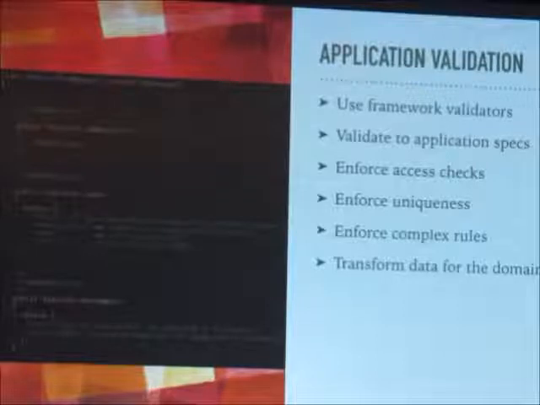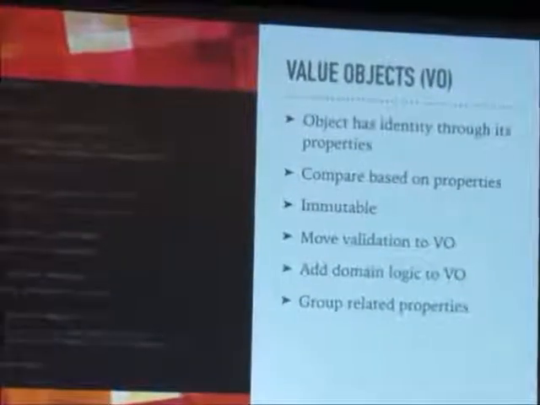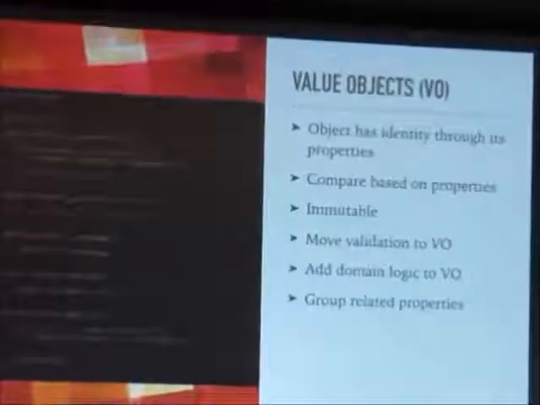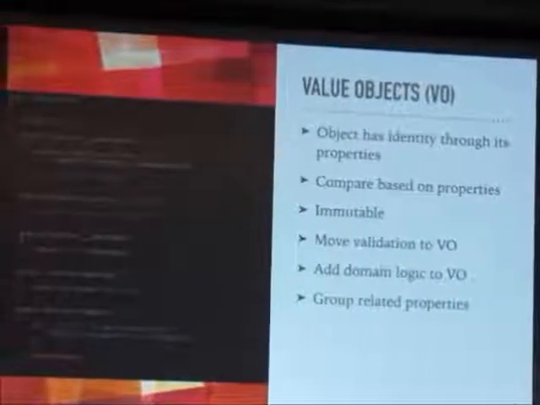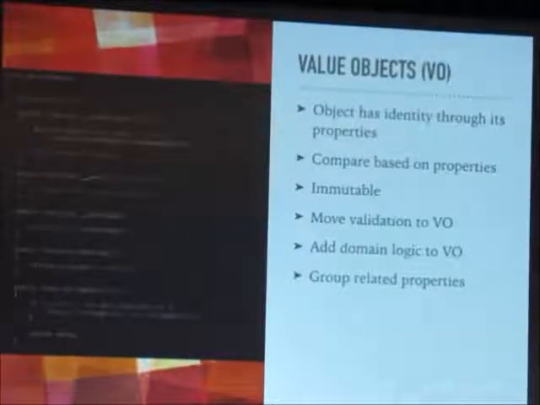Which leads us on to the next topic, which can sometimes be a little bit contentious, which is value objects. What are they? Well, they are actually entities, except their identity is through their properties. They should be immutable.